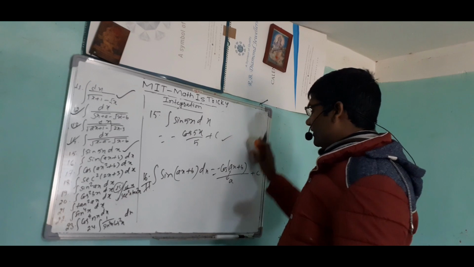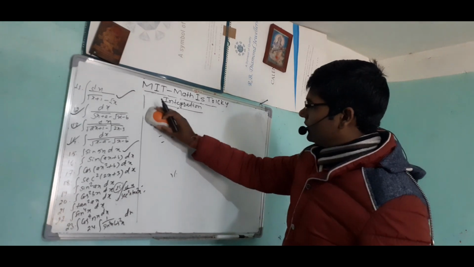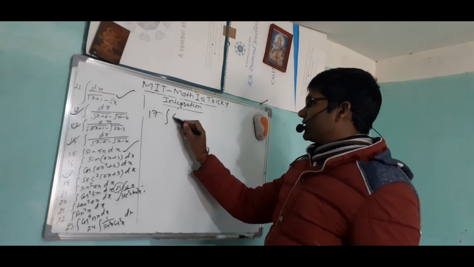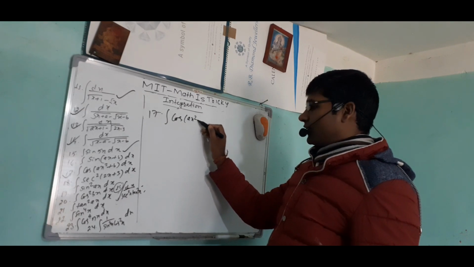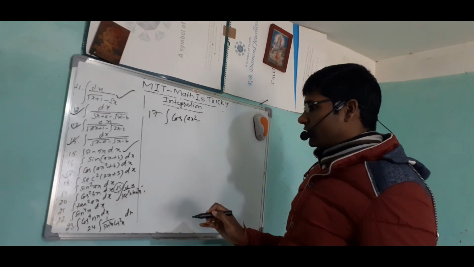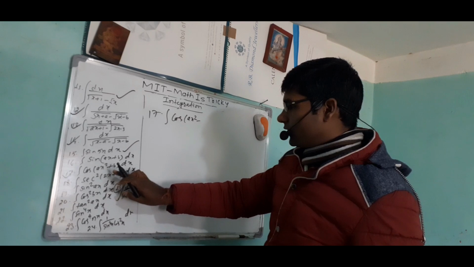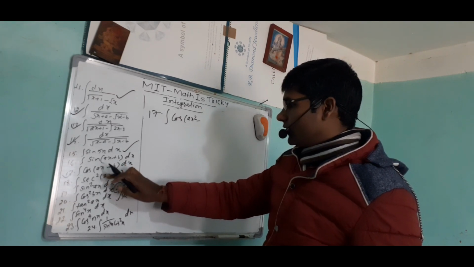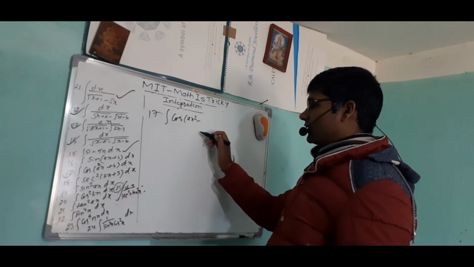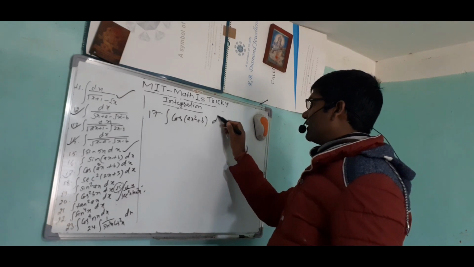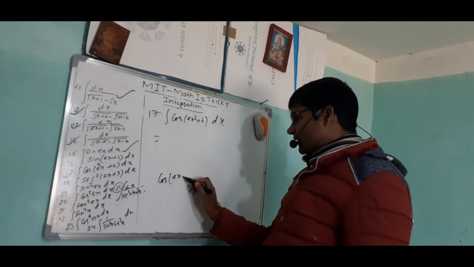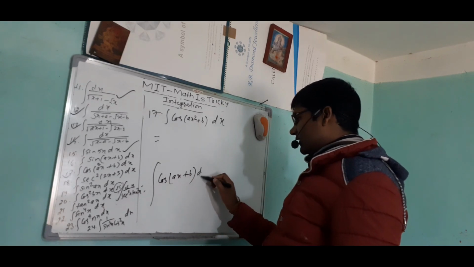So let's move to number 17, integration of cos squared of ax plus b dx. So we can simply write here the integration of cos, the formula right here, cos of ax plus b integration, dx.